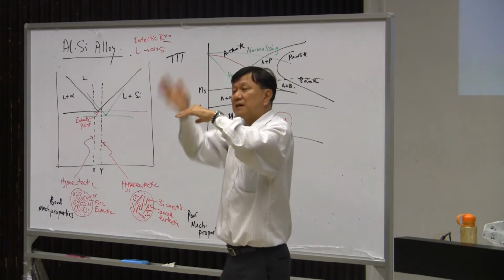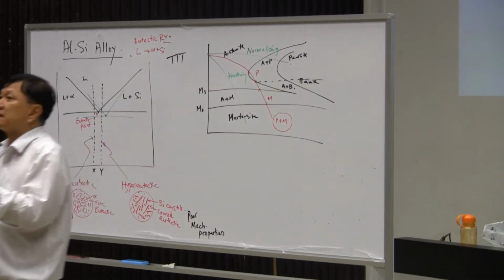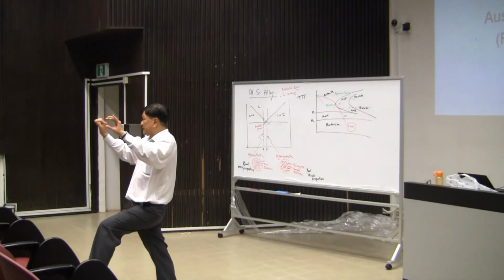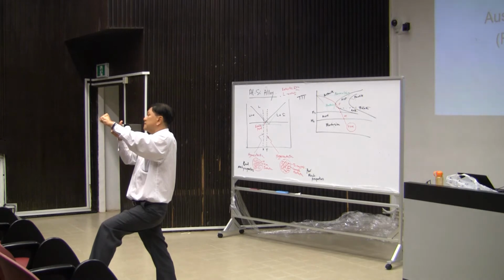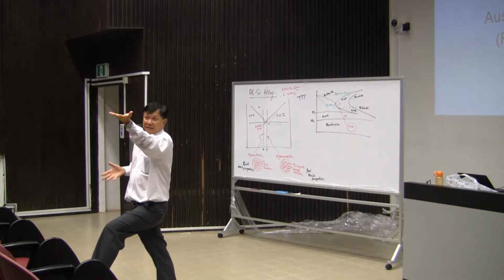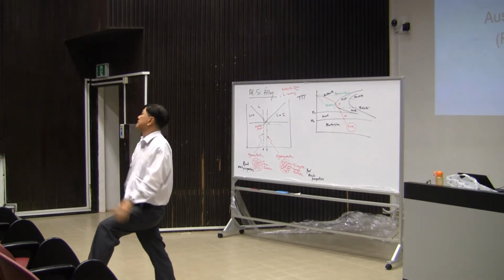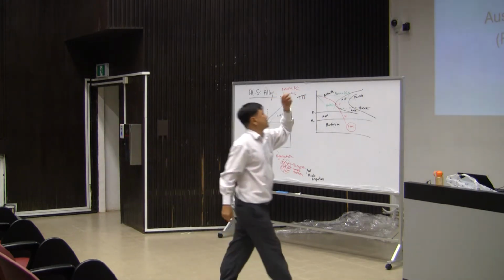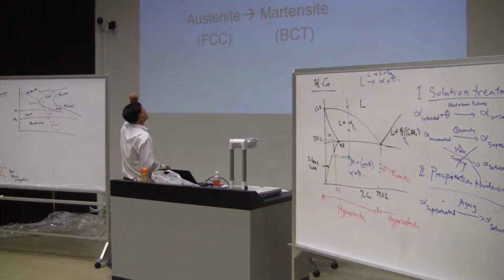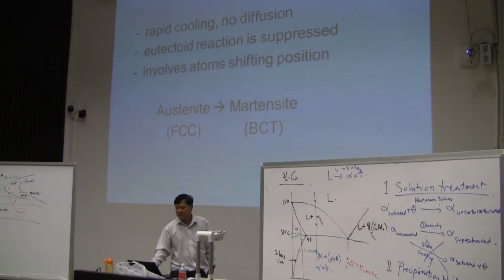Cementite. But with a fast cooling rate, no time for the carbon to form cementite. So the carbon will be trapped inside. Then you get martensite. Are you clear or not? You get martensite. So you must what? Crank very fast, right? To change your austenite to martensite. Okay?